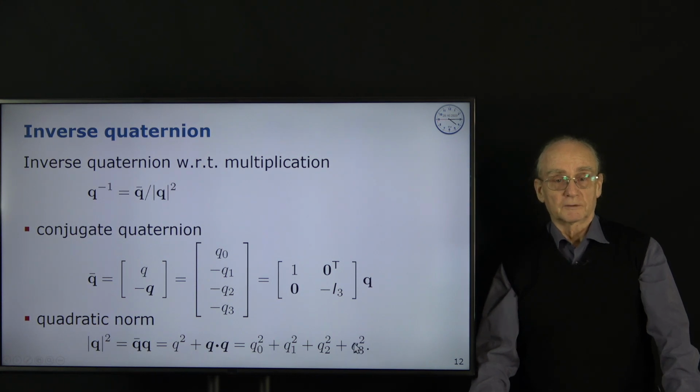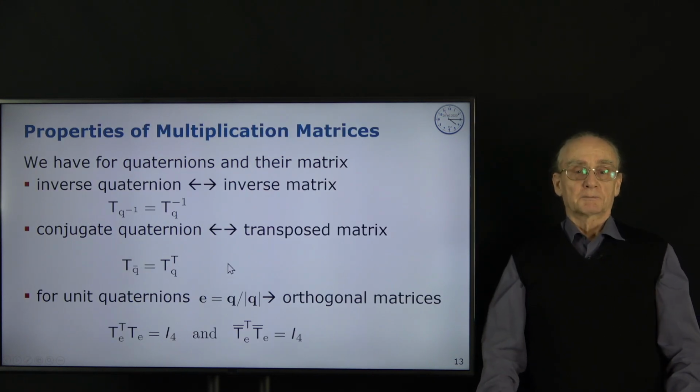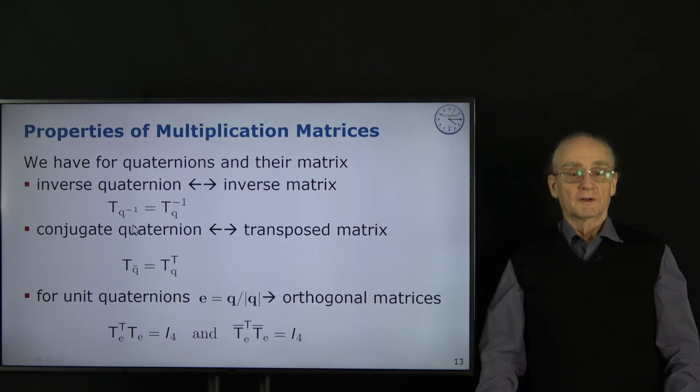The properties of these multiplication matrices are quite interesting. If you have the multiplication matrix of the inverse of a quaternion, you actually obtain the inverse of the matrix of q. If you take the conjugate quaternion, this corresponds to the transposed matrix.